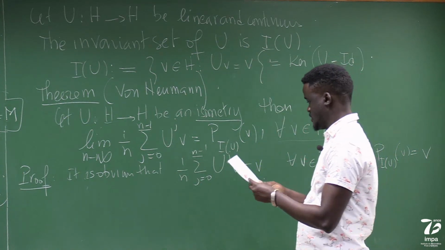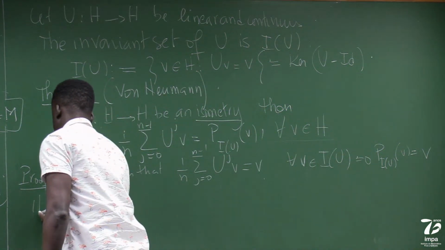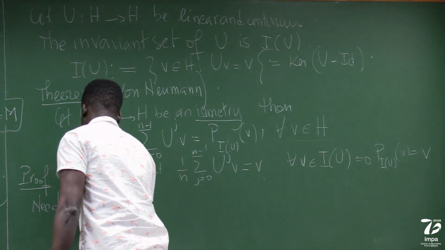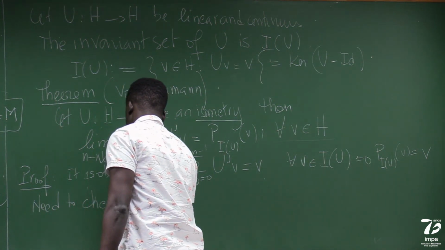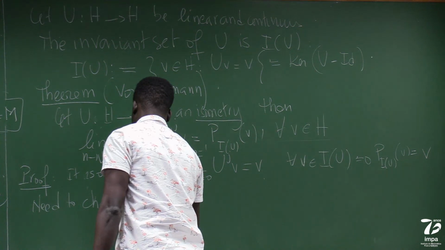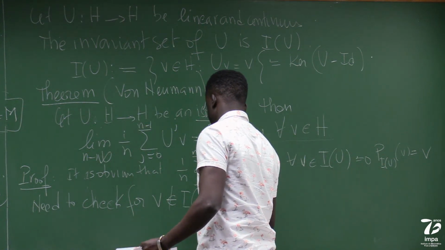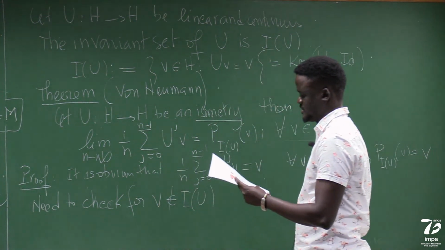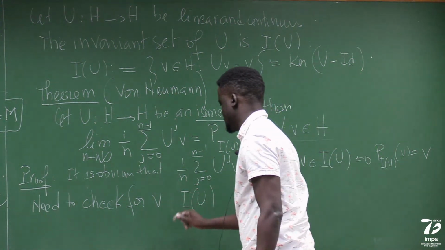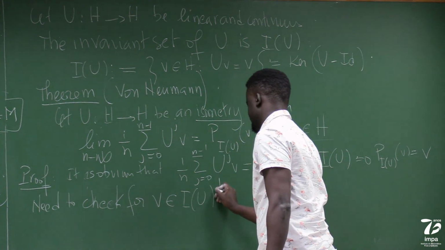Okay, now we need to check for v not in I_U, or let's say for v in I_U orthogonal, because it is complementary to I_U.